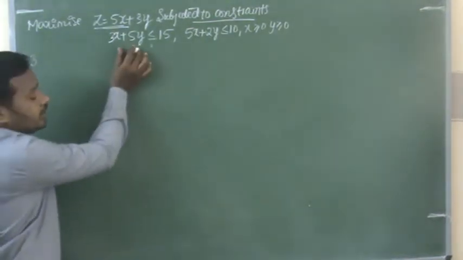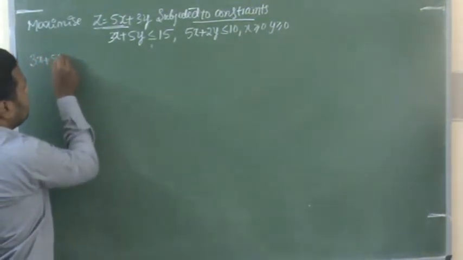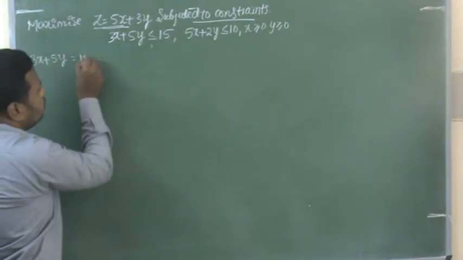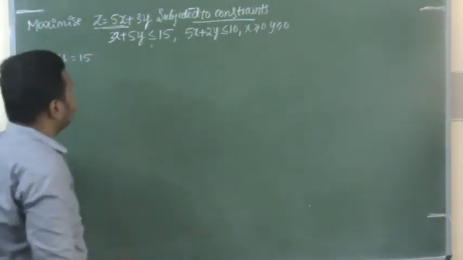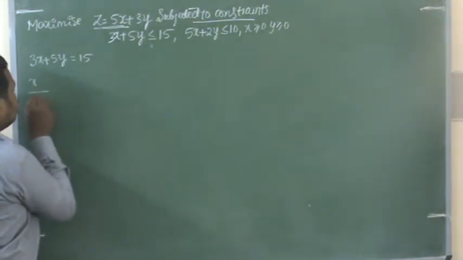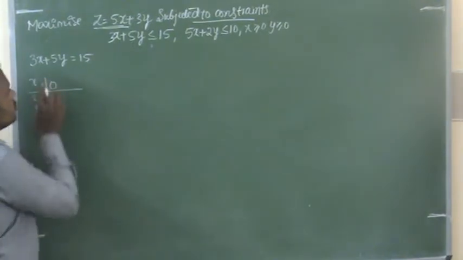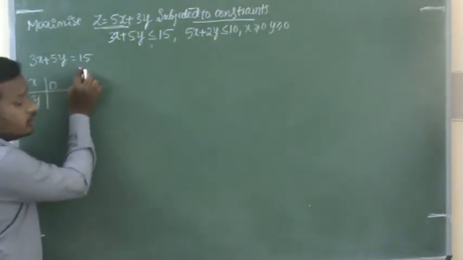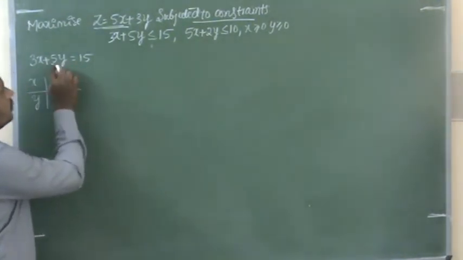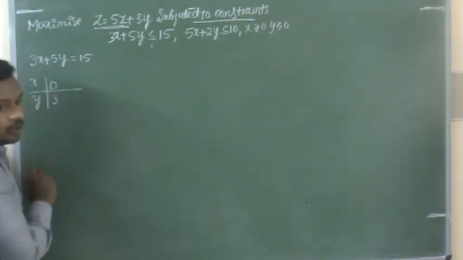Convert the inequality into equality. So 3x plus 5y is equal to 15. Now, when x is equal to 0, what is the y value? 5y is 15, so y is 3.